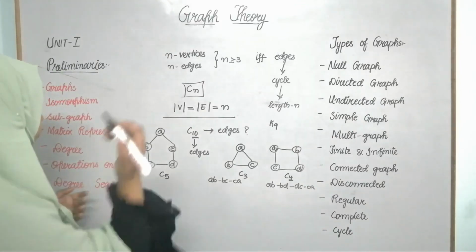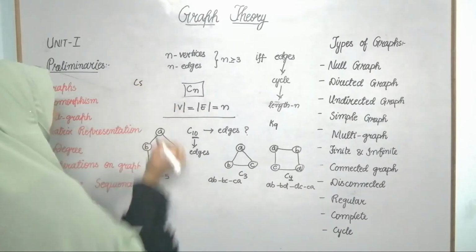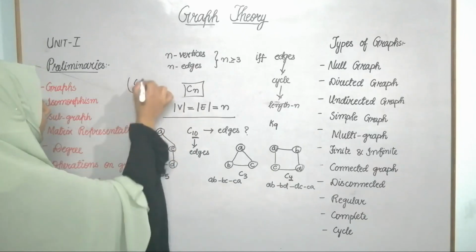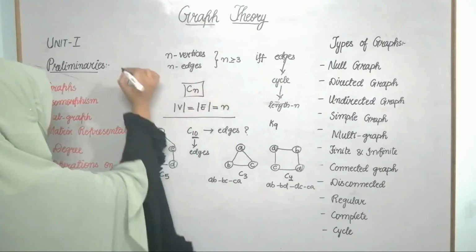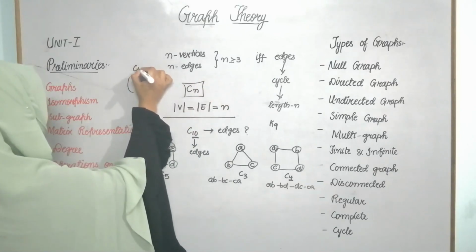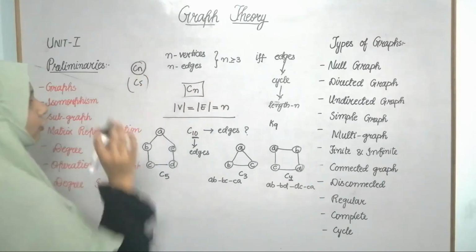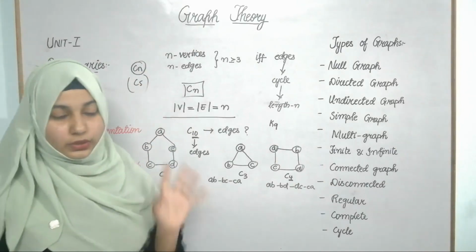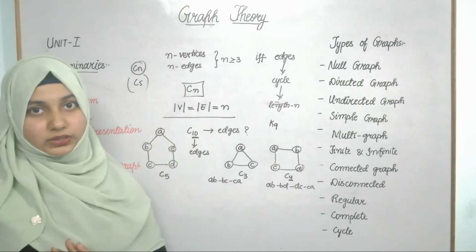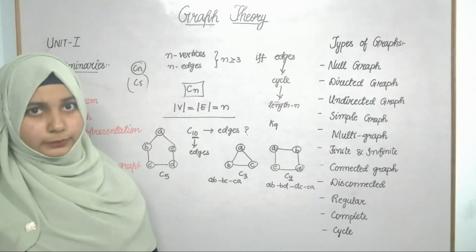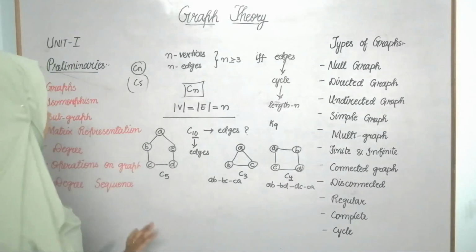Suppose he can ask you to draw a C5 graph. So here we know this cycle graph is denoted with Cn. तो मतलब क्या है? You need to draw a cyclic graph of 5 vertices. Okay, यहाँ पे 5 mention है, 5 vertices. And edges will also be 5. Getting clear? Now, the types are done.